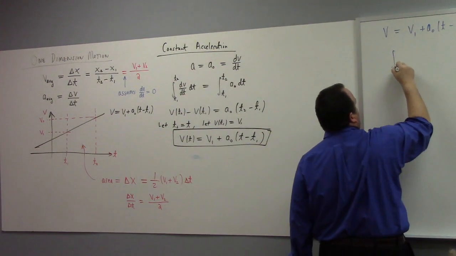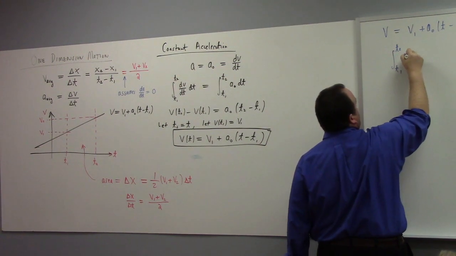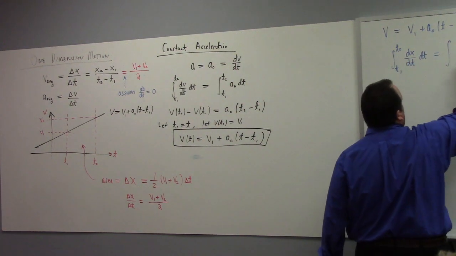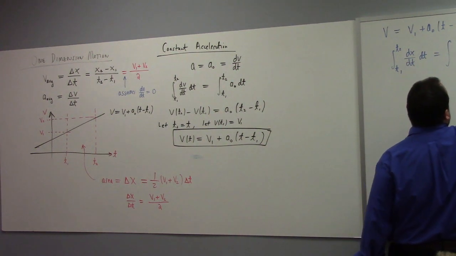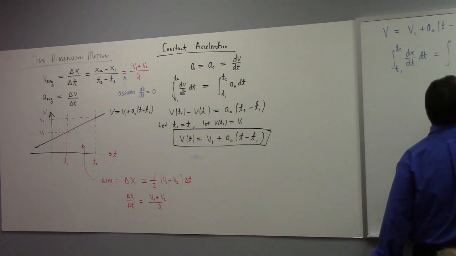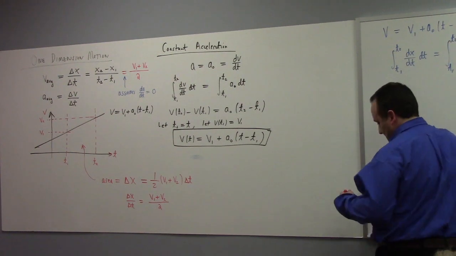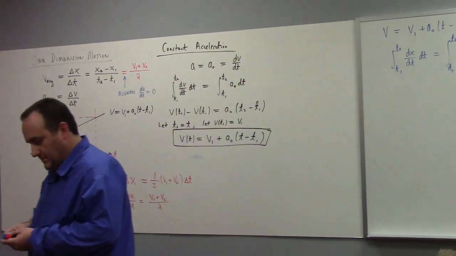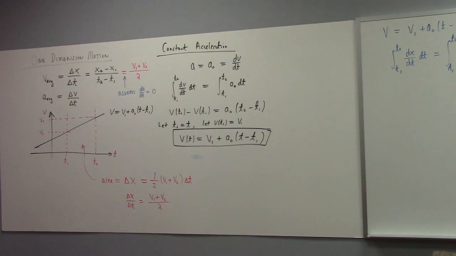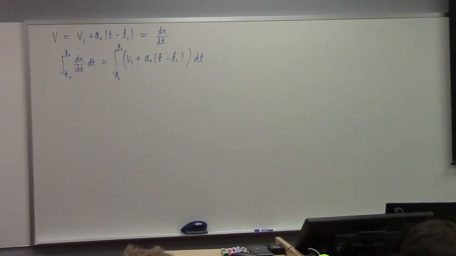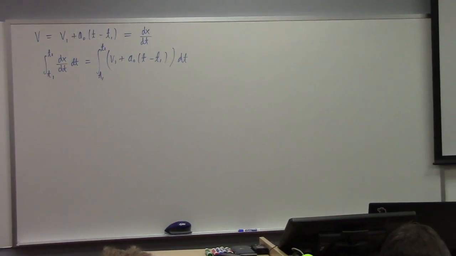So we can integrate that from, say, t1 to t2, the integral of dx/dt dt, equal to the integral of v1 plus a0 times t minus t1 dt, integrating from t1 to t2. What happens? The net change theorem on the left-hand side gives me, and the right-hand side gives me x of t2 minus x of t1.